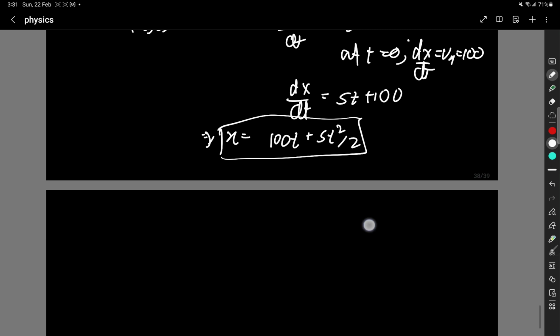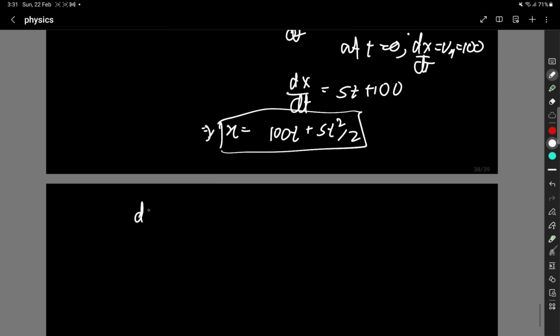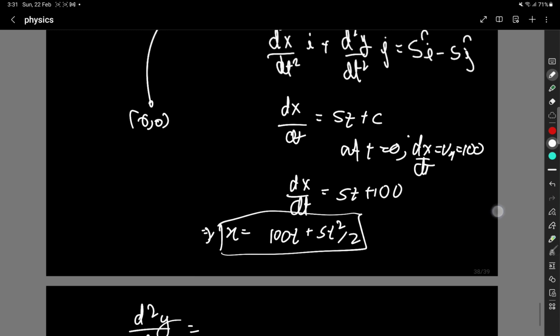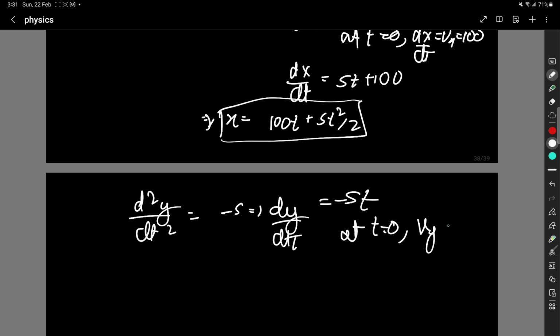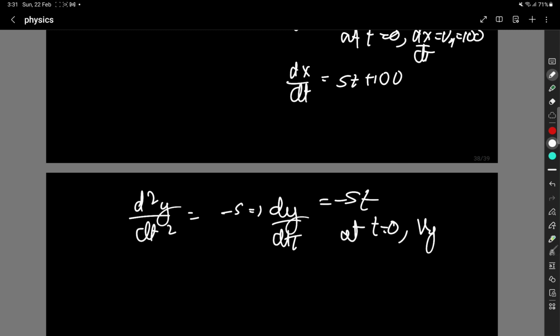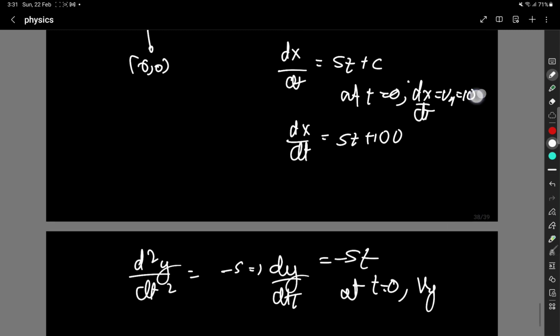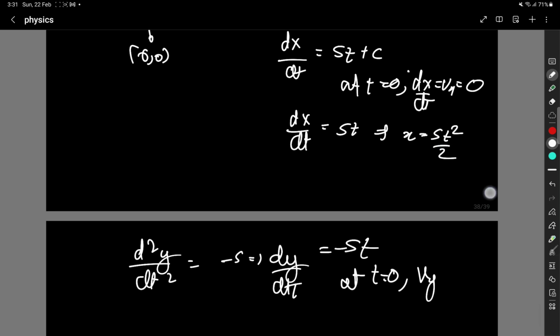Next we can go for d square y by dt square is equal to minus 5. This implies dy by dt is equal to minus 5t. At t equal to 0, sorry, I made a mistake here, vx is 0. So x is equal to 5t square by 2.